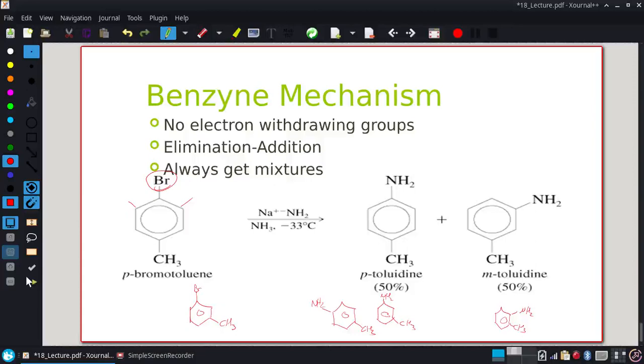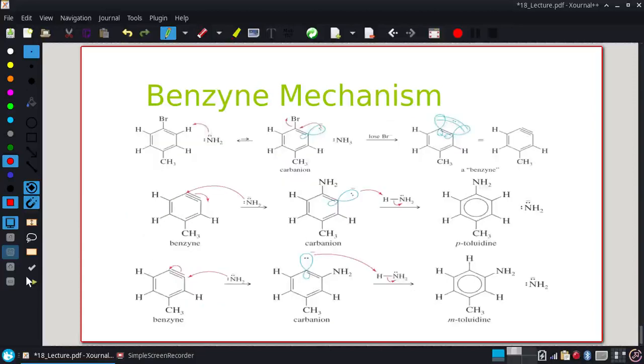Alright, the reason that happens can be viewed with the mechanism itself. The NH2 doesn't actually do a direct attack and create that same type of complex. What it does is it pulls off an adjacent hydrogen. That adjacent hydrogen allows that bromine to get kicked off, and we kind of create a structure with a triple bond.